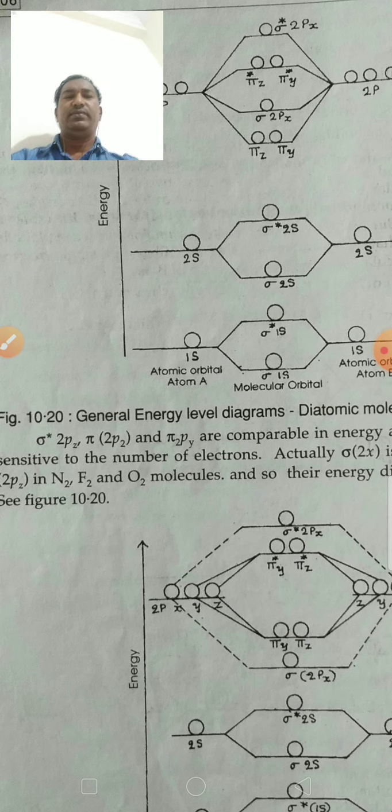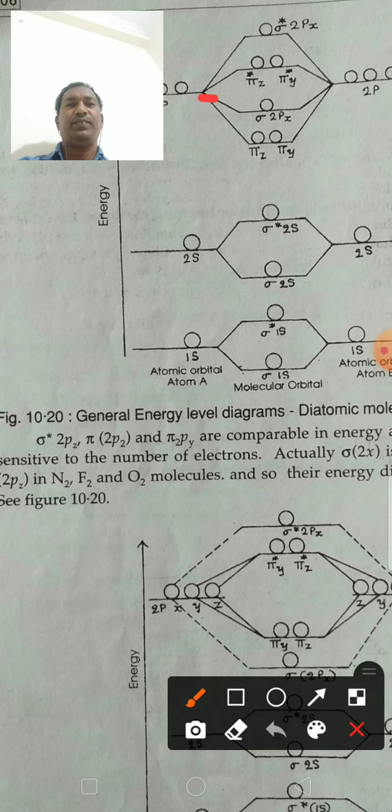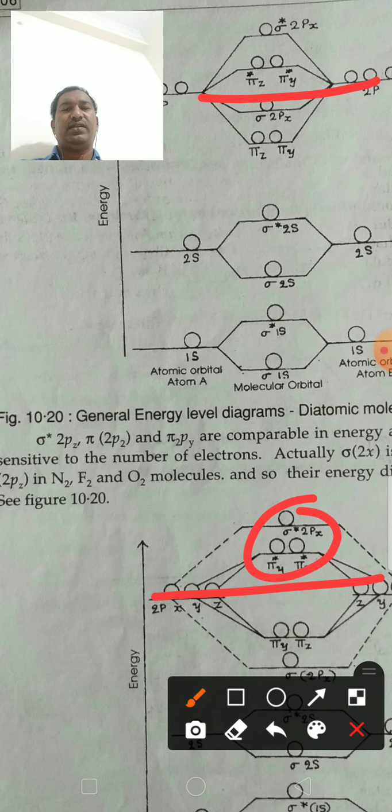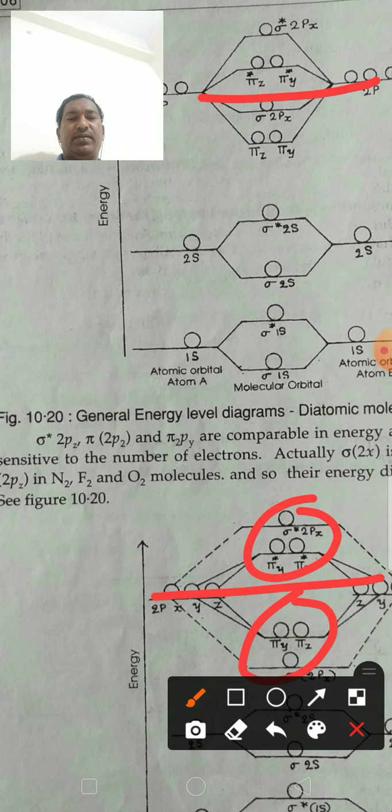This is the symmetrical molecular energy diagram, and this is the unsymmetrical one. The first one is unsymmetrical, because we can cut here and there are no identical halves. Here we can cut and these are identical halves, so this is the symmetrical one.